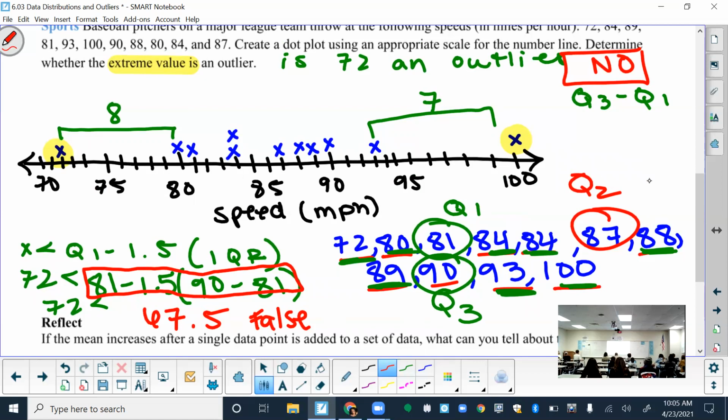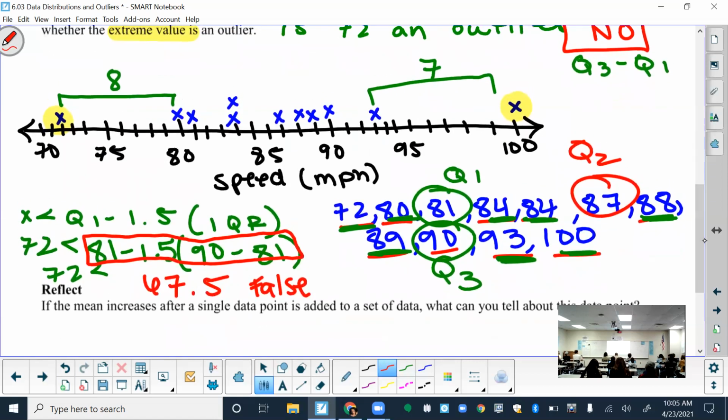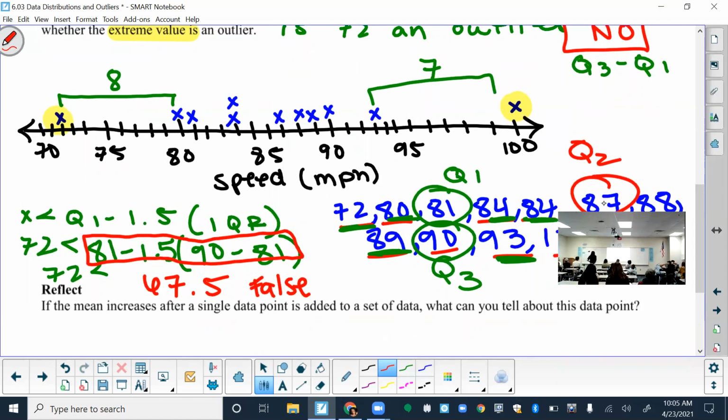So here's a good question that you might see something similar to on your test, this reflect question. So if the mean, remember the average, increases after a single data point is added to a set of data. So we already knew what the mean was, we just added a data point, now it's larger. What can you tell about that data point?